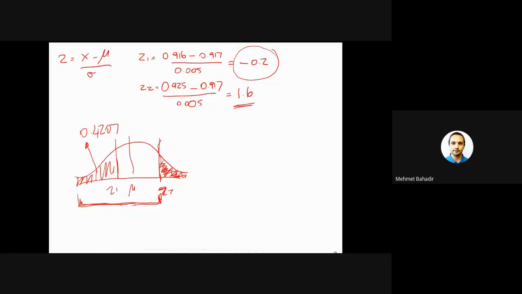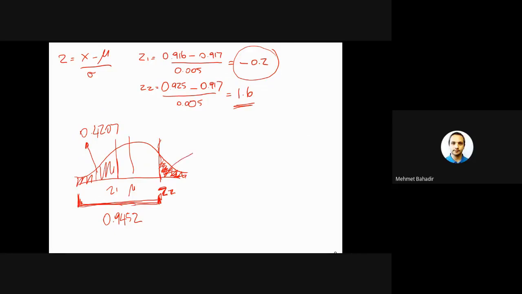So let's go back. 0.9452 is the area from the start to that critical z2 value, all the area. I don't want to show it on the graph because it's going to make it really crowded.